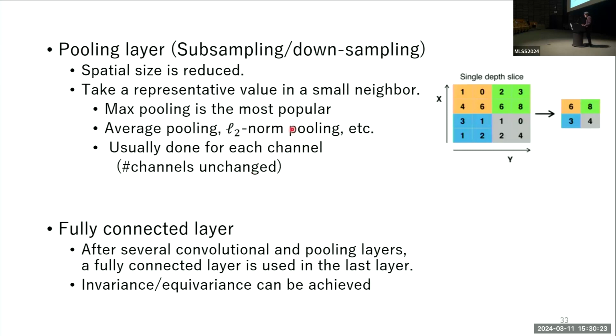In this way, one typical example of a pooling layer is to take the maximum value within, for example, a 2 times 2 area. And in this case, the spatial size of the signal shrinks to 1/4 of the original dimensionality.